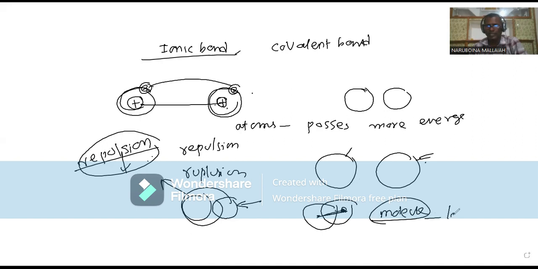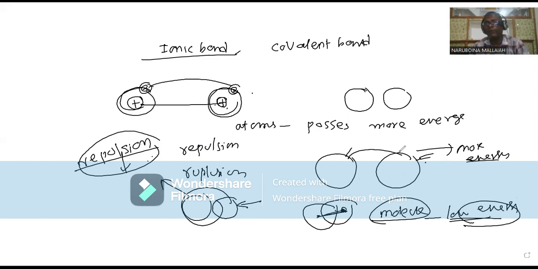The molecule has low energy. Individual atoms have more energy. So after formation of the bond, the system's energy will be reduced. In the beginning, atoms have more energy.